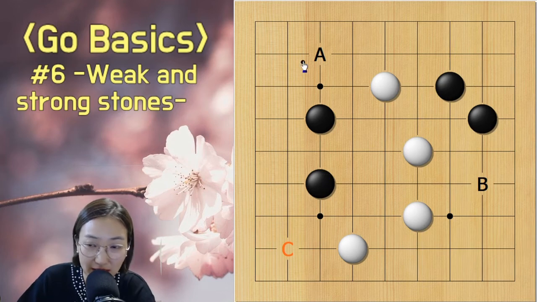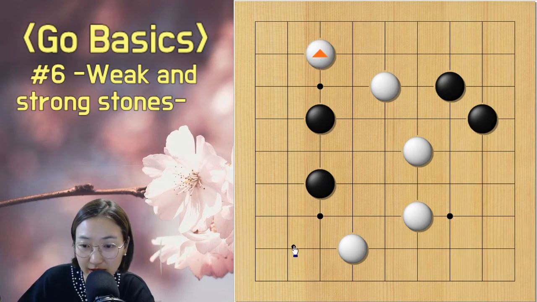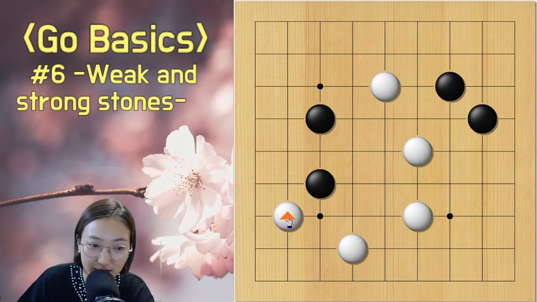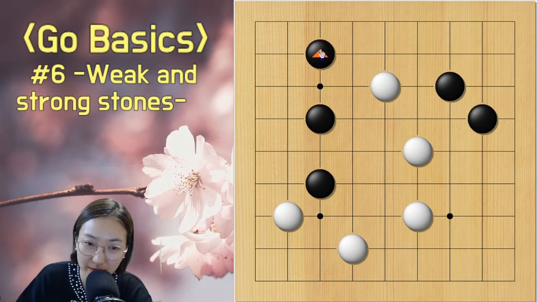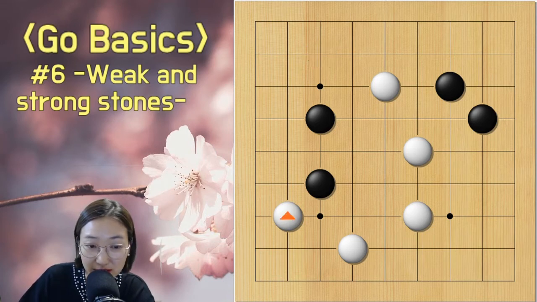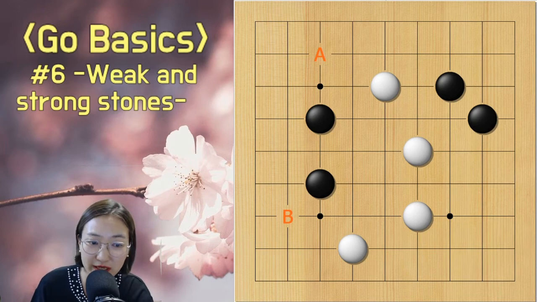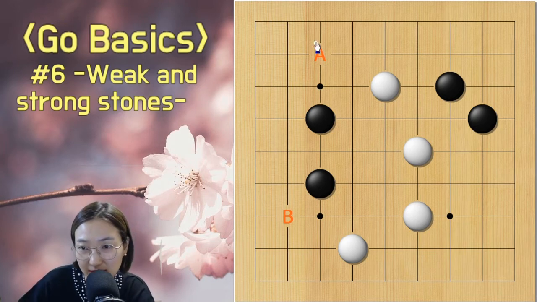If white plays here, then black can play here. And if white were to play here and attack, then black can defend by playing here. We call this being paired up. So we don't have to take care of the left side.